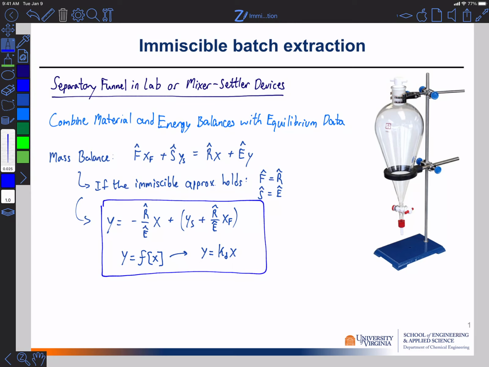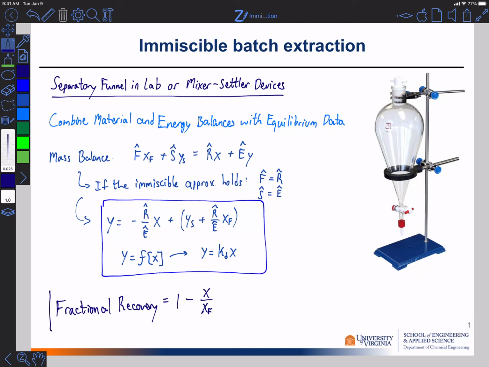Furthermore, we could come in and define a fractional recovery. And in terms of thinking about this fractional recovery, we're going to define this as 1 minus x over xf, right? And so essentially what we're asking is, what is the fraction of solute that's recovered in the extract phase?